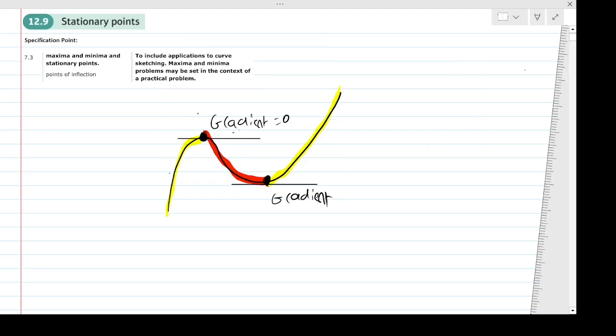These special points, the turning points, are where the gradient is 0. Well, what do we know about gradients? We can differentiate, so we can apply what we've learned to find these points. In particular, these are called stationary points.